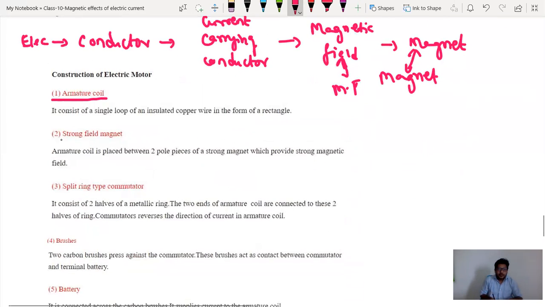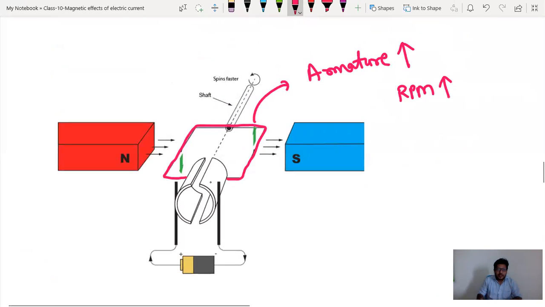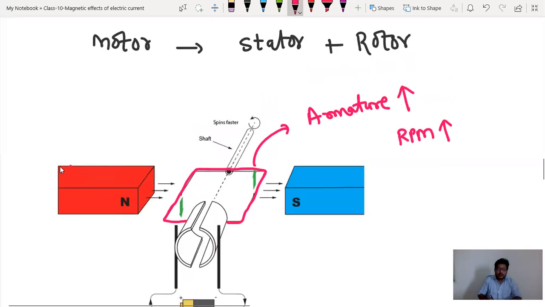Next, strong field magnet. Armature coil is placed between two pole pieces of a strong magnet which provides the magnetic field. You can see this armature coil is placed between two magnets. Here we have the north pole, this one is the south pole. If you feel this diagram is incomplete, you can complete this by using lines like this.